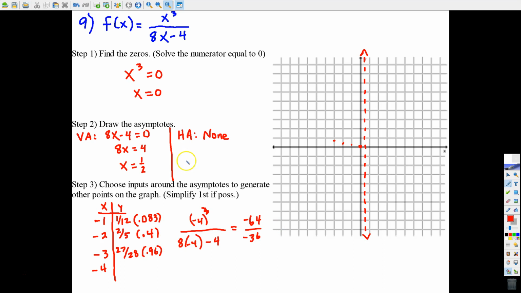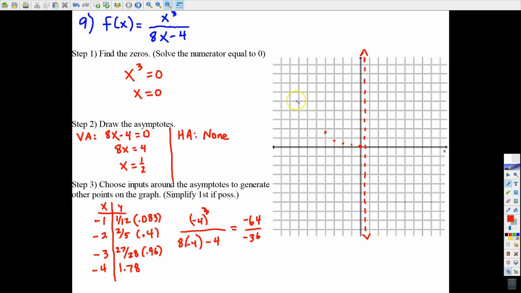And let's just go ahead and do the decimal form of that. 64 divided by 36 is 1.78. A little bit higher than 1. Alright, so you can see how it's traveling. It's following this particular pattern as x approaches negative infinity, f of x approaches positive infinity.